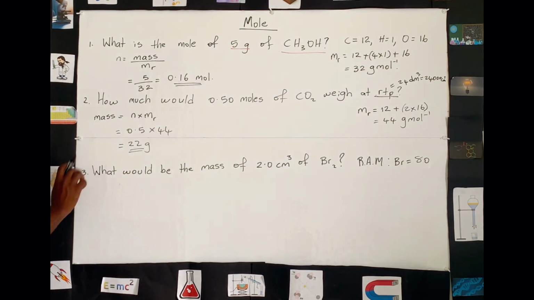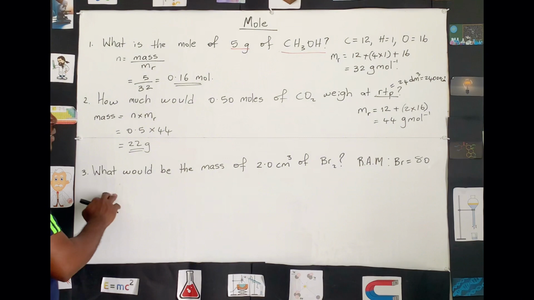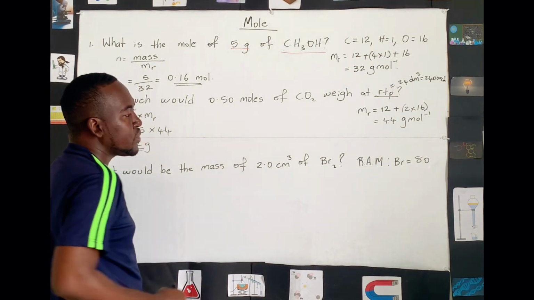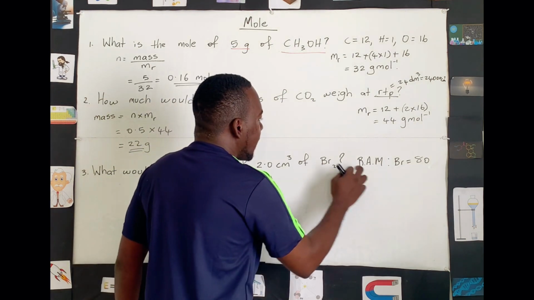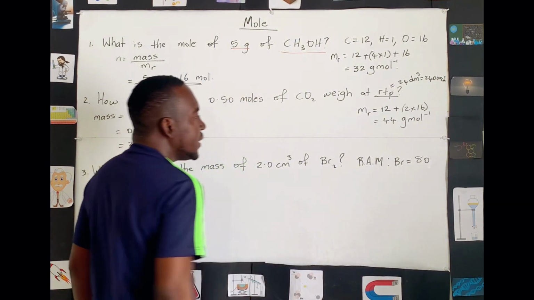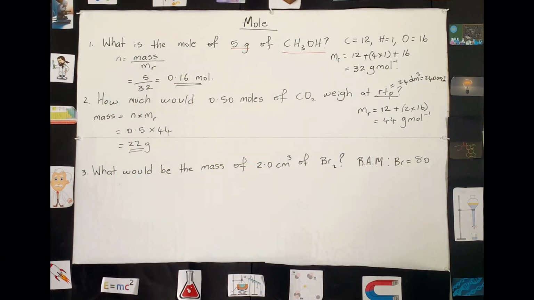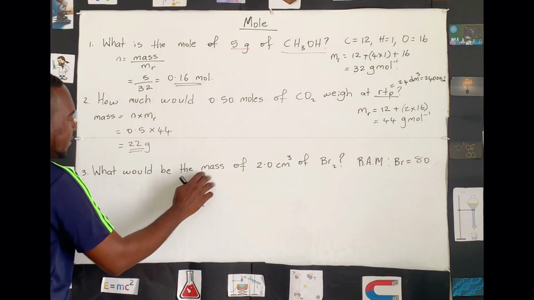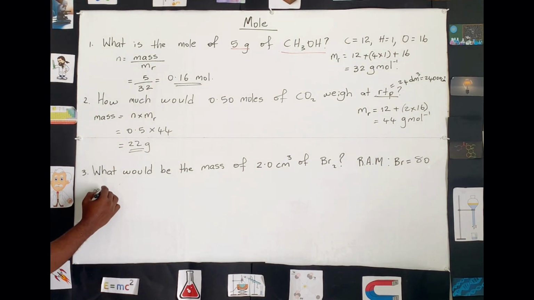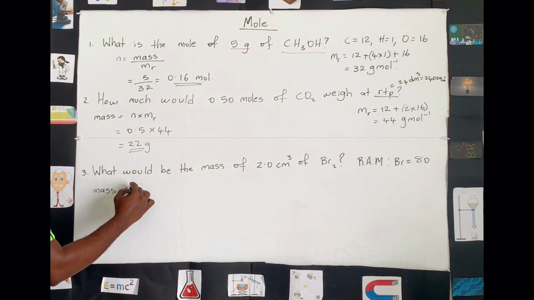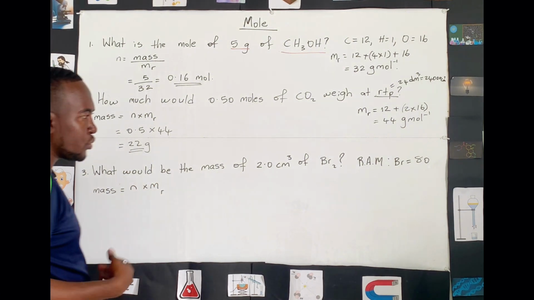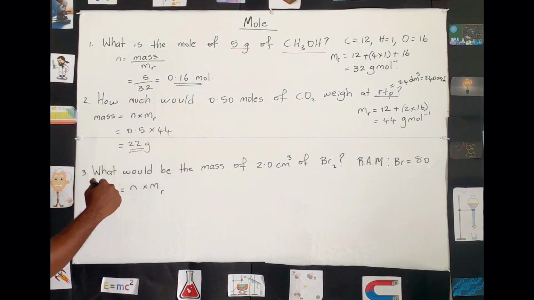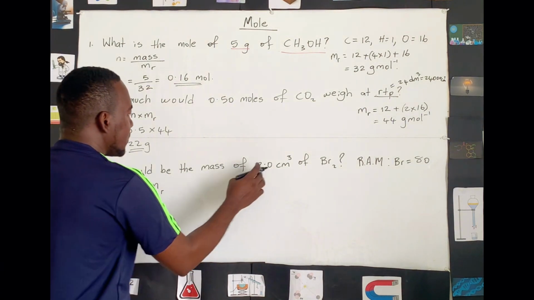Right? Then question 3. What would be the mass of 2 cm3 of bromine gas? The RAM, the relative mass of bromine, is 80. Now again, if we want to find the mass, it is equal to the number of moles times the molar mass. We don't have the mole like here, but what we have is the volume.